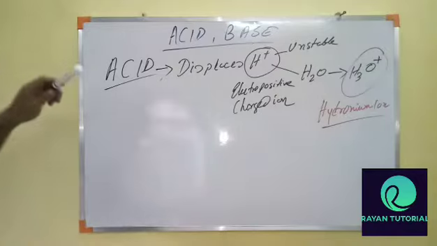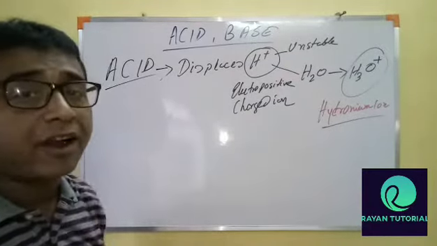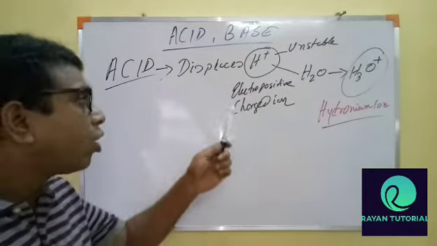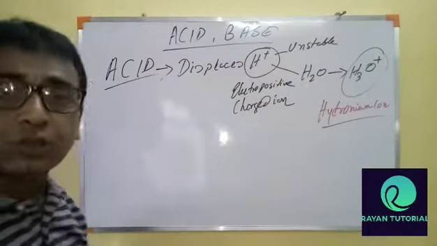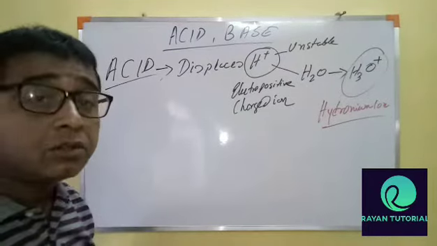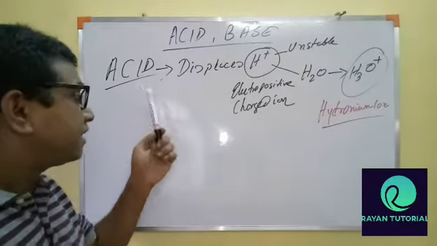Clear? So what does acid displace? Hydrogen ion. But you can't find the hydrogen ion, because it is very unstable, so it readily reacts with water. From where do you get the water? It's an aqueous solution, right?